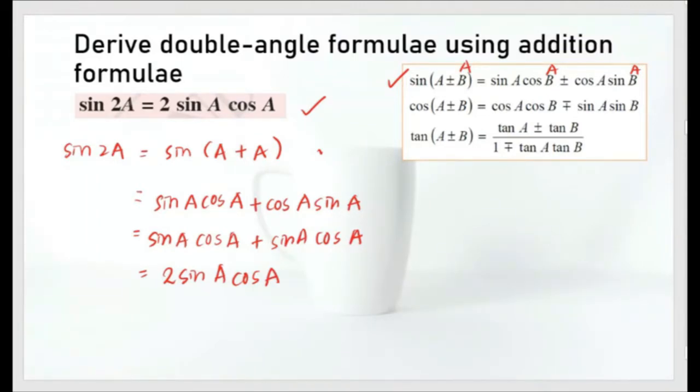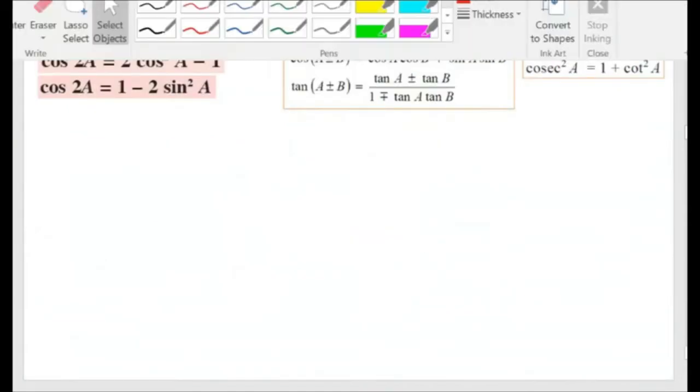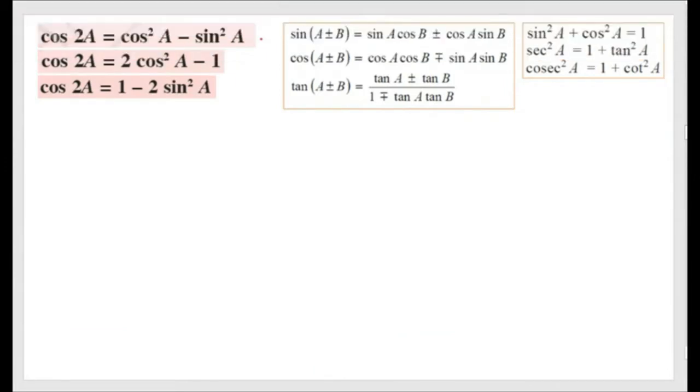Then how about cos 2A? For cos 2A, there are three double angle formulas: first, second, and third. For the first one, how do we get cos 2A into cos square A minus sine square A?